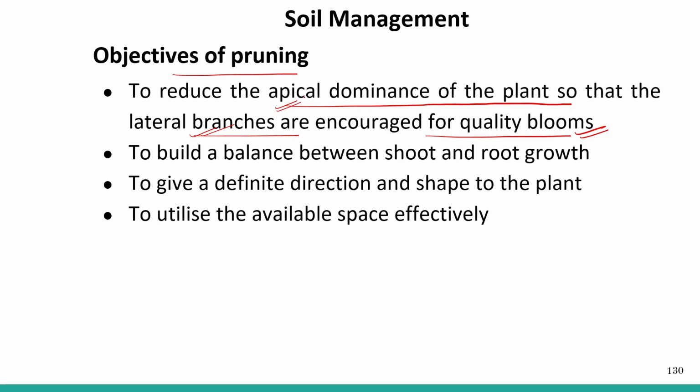So apical buds are removed. To balance between shoot and root growth. To give a definite direction to the shape of the plant. So in this way, you can maintain the proper shape of the plants and lots of new branches can originate. So it can give a bushy appearance to the plant. To utilize the available space efficiently.